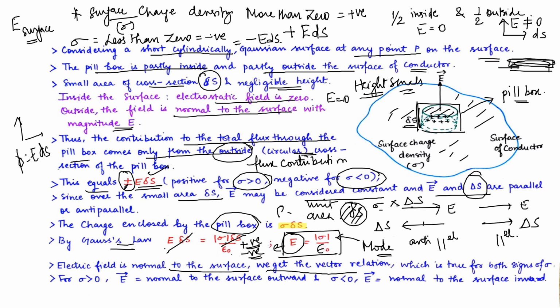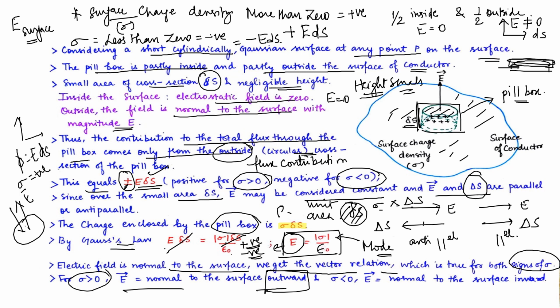We get the vector relation which is true for both the signs of σ. For σ greater than 0, E is normal to the surface, outwards. This is our surface. If E is outwards, that implies σ is positive. In case E is inward, going inside the surface of the conductor, σ is negative. Normal to the surface, inward.